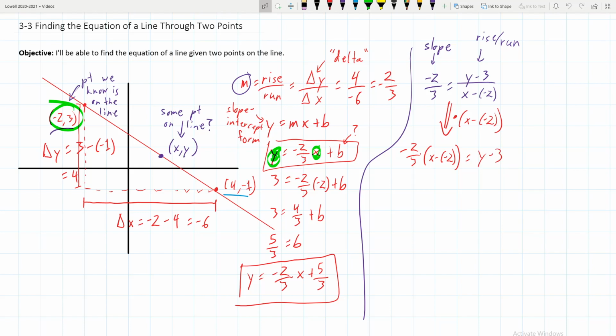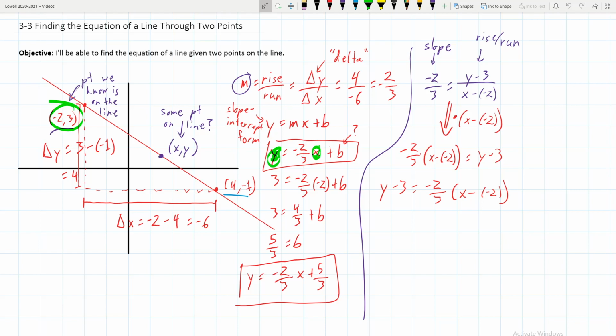And I'm just going to rearrange it, flip-flop the sides, because again, this is how you'll usually see it. And you're done, because as long as I know x and y that make that equation true, you have your equation of your line.